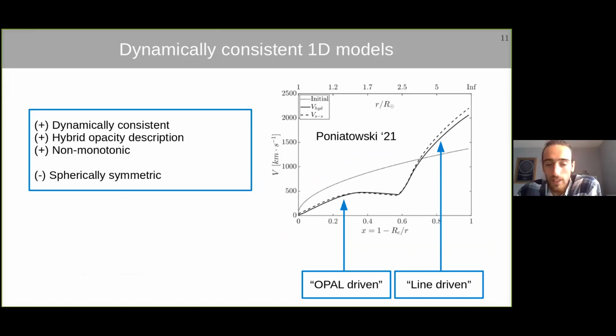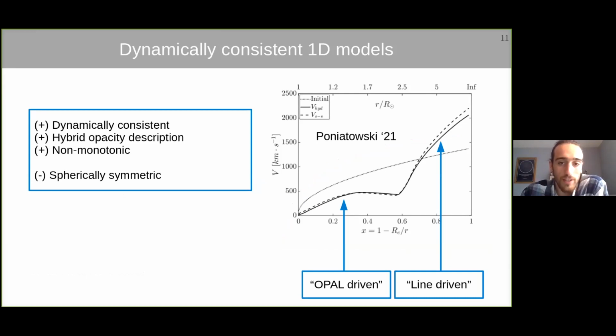This was shown recently by one of our collaborators, one of our group members, Luca Poniatowski, who showed that the actual winds of Wolf-Rayet stars form this velocity field that you see here on the right, which has these typical two lobes where your wind accelerates, as you can see from the dark black line, and then decelerates a bit, and then re-accelerates again.